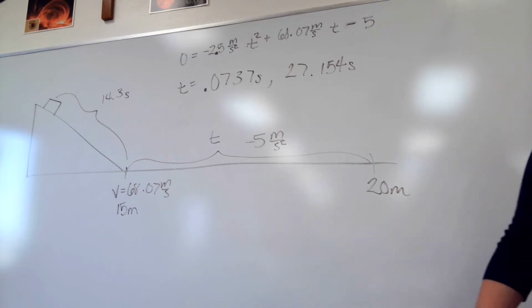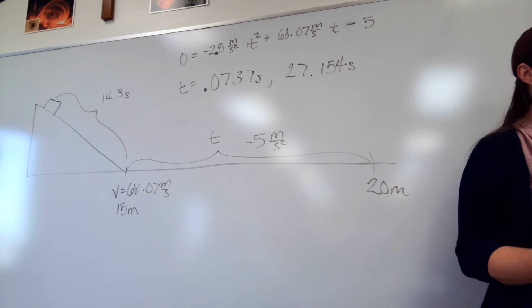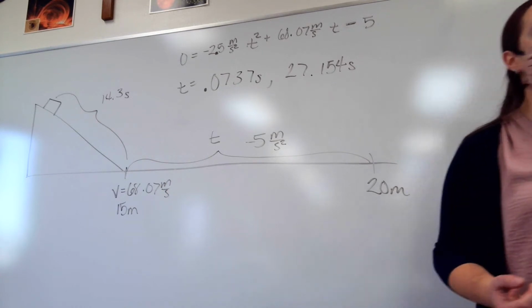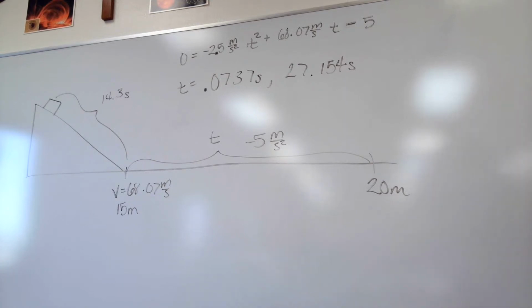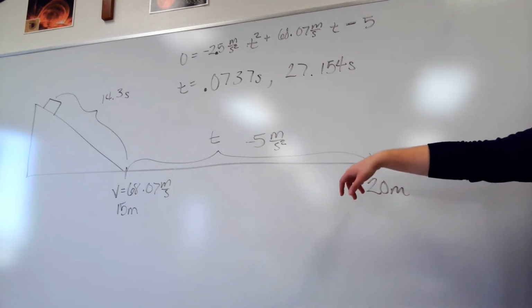I want to talk about what this equation is actually really solving for. Essentially what it's trying to find is, we have put a position into our equation, right? Namely, this position right here, that point that is 20 meters.